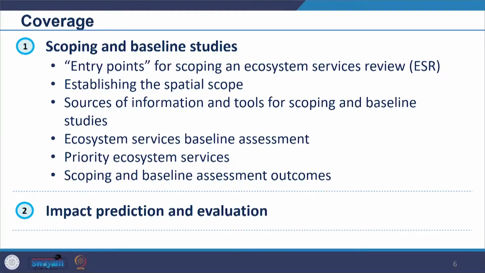So accordingly, our coverage will include the scoping and baseline studies. We'll look at what kind of entry points are there for scoping an ecosystem service review. Then we'll look at how to establish the spatial scope for the assessment purpose. Then we'll look at the sources of information and tools for scoping and baseline studies.